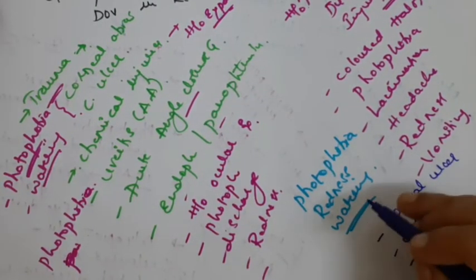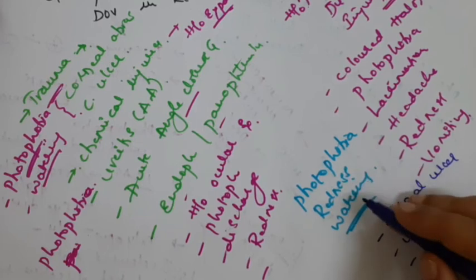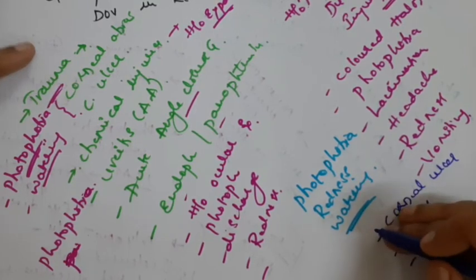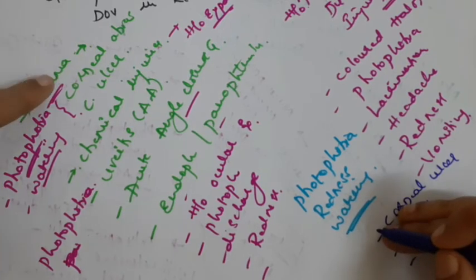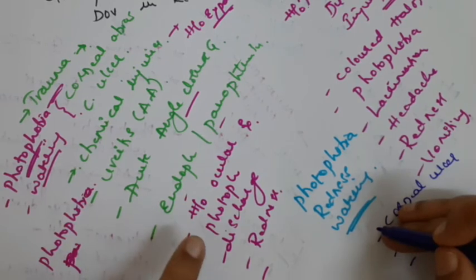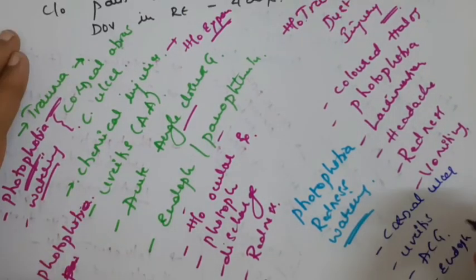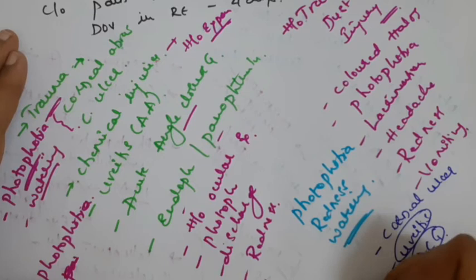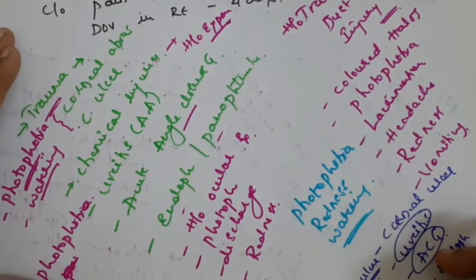Suppose this patient gives positive history for photophobia, redness and watering along with the pain and diminution of vision, and there is no history of trauma, then you can rule out corneal abrasions or the corneal ulcer. And if there is no history of previous ocular surgeries, the endophthalmitis and panophthalmitis is ruled out. So our list of possible diagnosis will be either uveitis or acute congestive glaucoma, and still you can consider the corneal ulcer because patient might not have noticed the trauma to the eye.